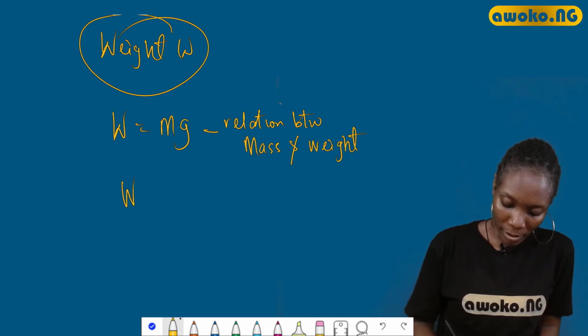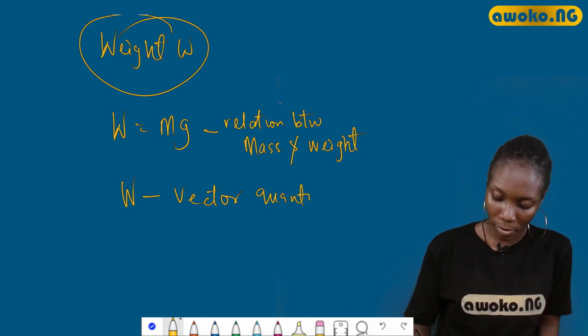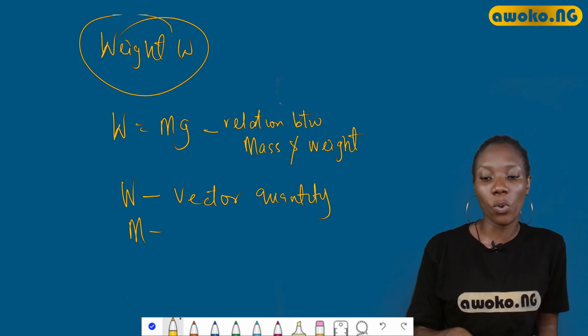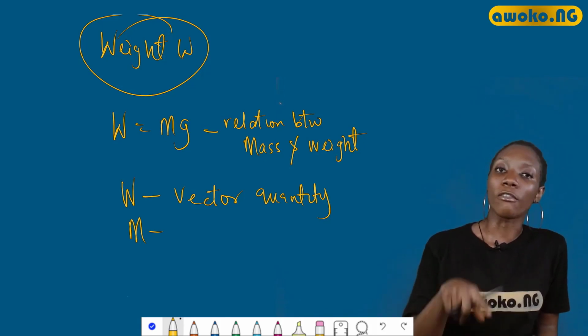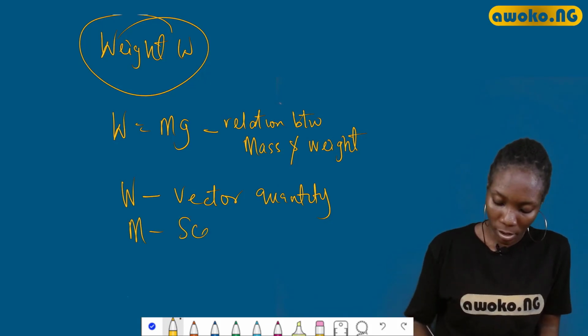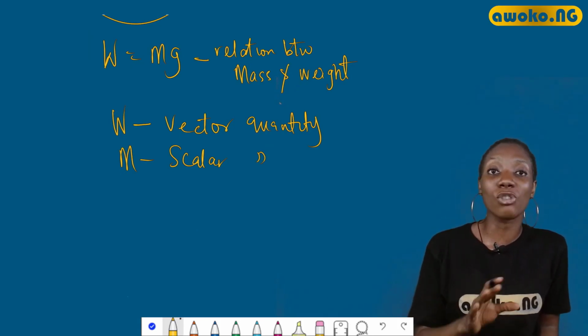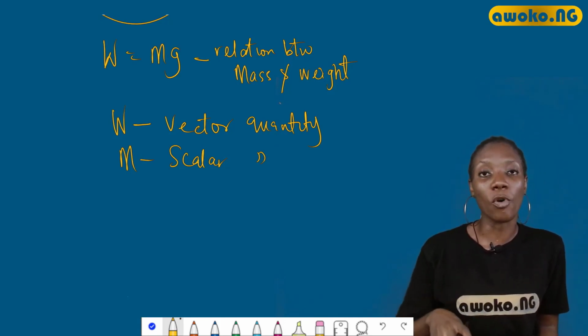So the weight, W, is a vector quantity, and is always directed downwards towards the center of the Earth. But mass is a scalar quantity. Therefore, the unit of force, we know that the unit of force is Newton, right? Good. And that is also the unit for weight.